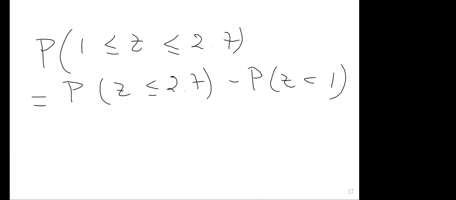Generally, you write this as the probability that Z is less than 2.7 minus the probability that Z is less than 1. You can read both of these from your table. But if you are using your calculator, you will just go to second function distribution, and your lower value is 1 and upper value is 2.7. Can you do that with your calculator?